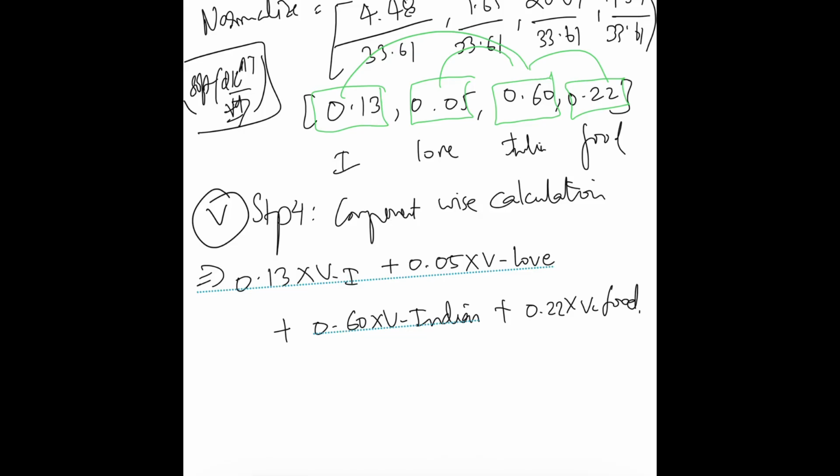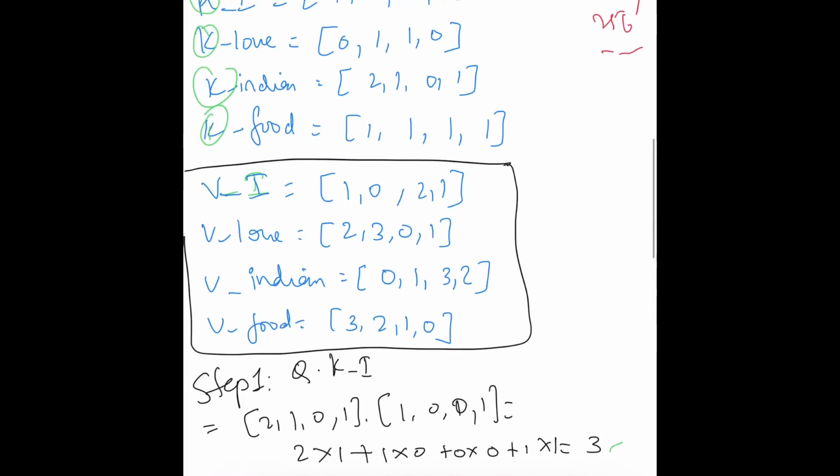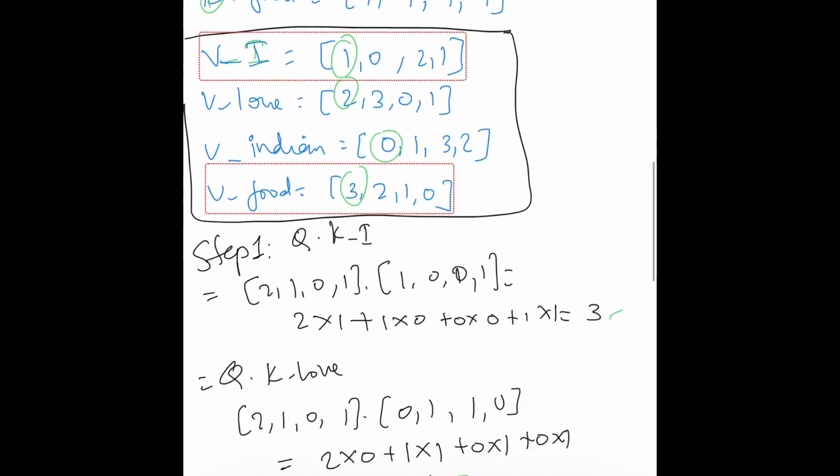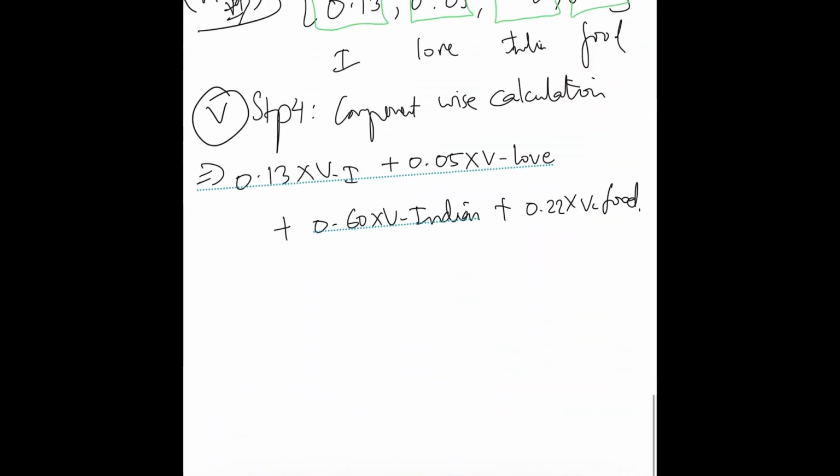And the way we will be doing it is we go back. So on the first position, right? Since this is a component wise calculation that depends on the position, so it's 1203.